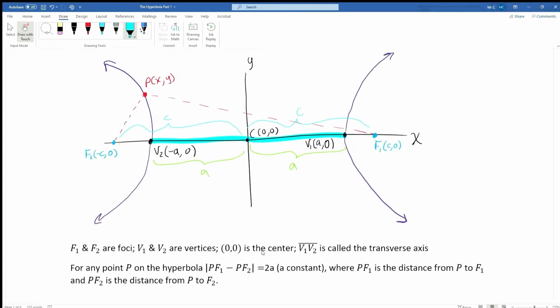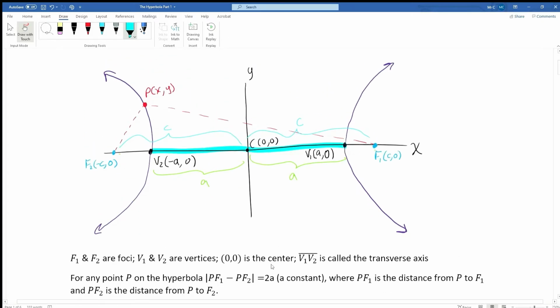Well, how do we know that it's 2A? It's similar to the reasoning for the similar property on the ellipse. So let's take a look at this graph that we drew real quick. Since this definition holds for any points on the graph, it also holds for the vertices. So if I take this first vertex here, the distance from that vertex to F2 is this yellow line.